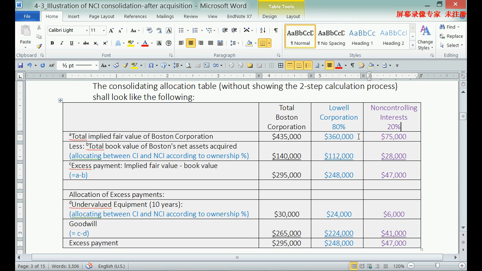So again, the CI paid 360,000, NCI holds 3,000 shares, each share $25, so 75,000. And when we subtract the book value of Boston, the book value is split 80%, 20% between CI and NCI. So multiply 140 by 80%, that's 112,000. 20%, that's 28,000. And we get the excess payment by the two parties separately.